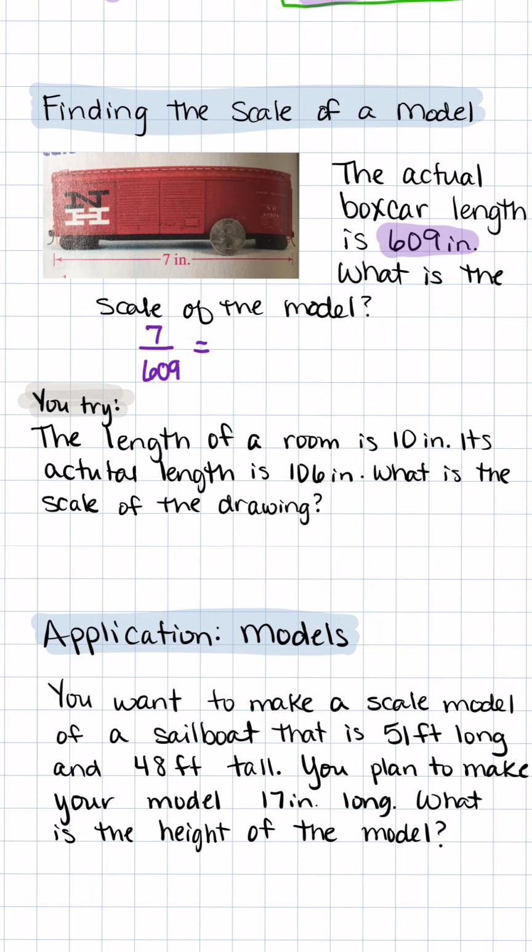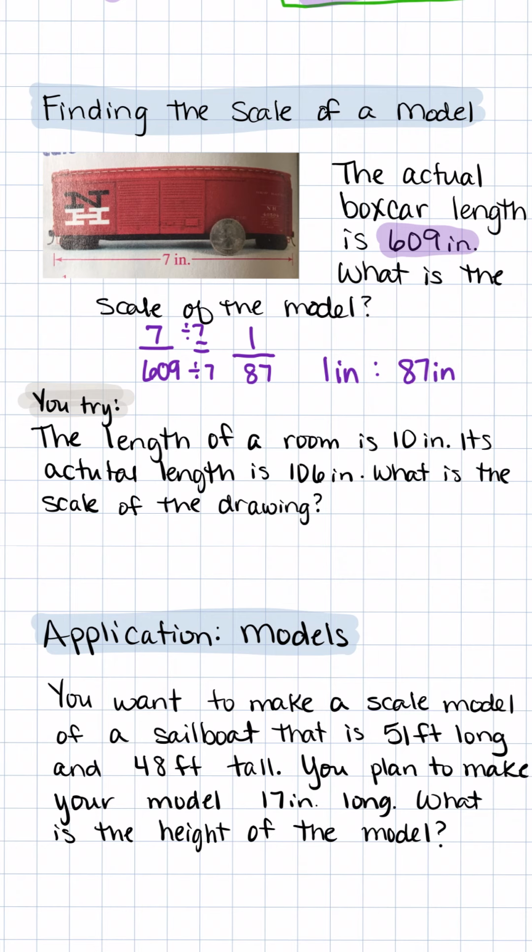If we divided each by 7, 7 divided by 7 is 1. 609 divided by 7 is 87. Therefore the scale is 1 inch is equal to 87 inches.